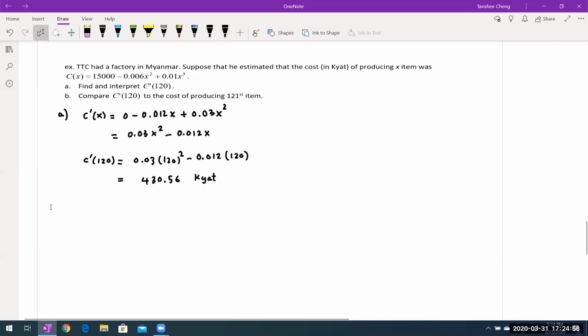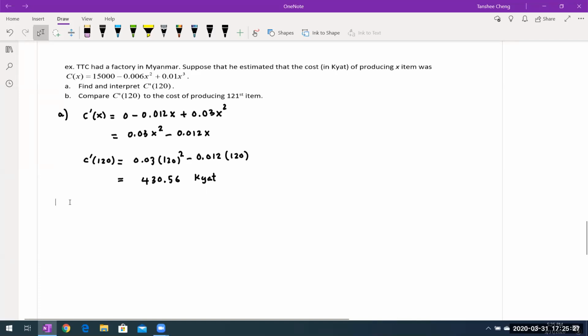So what does C prime of 120 mean? That is talking about the rate at which the cost is increasing. I'm saying increasing because the value of C prime is positive. So the cost is increasing at a rate of 430.56 kyat on the production of the 120th item. So we are talking about a particular production case.